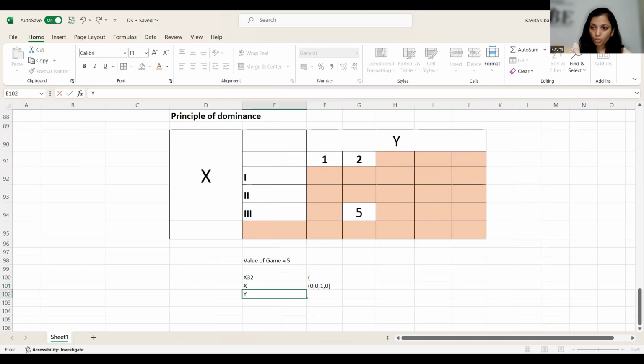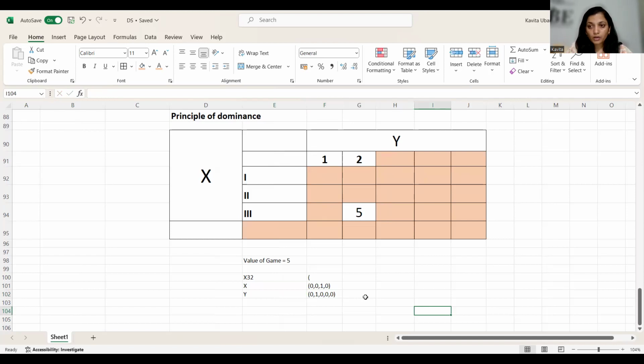For player Y, the second one is the optimum strategy, so we will write it as 0, 1, 0, 0. This is the way we apply the principle of dominance, and we can find the value of the game.